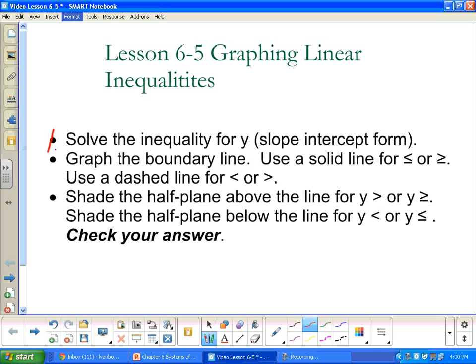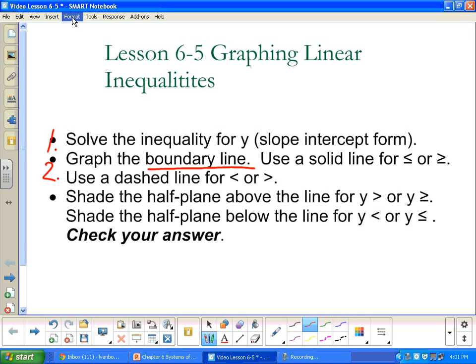For the first step, just as with solving linear equations, you want to solve the inequality for y, putting it in slope-intercept form. The second step is to graph your boundary line. This is just like graphing your equation, using the y-intercept to begin the line and the slope to determine the second point.